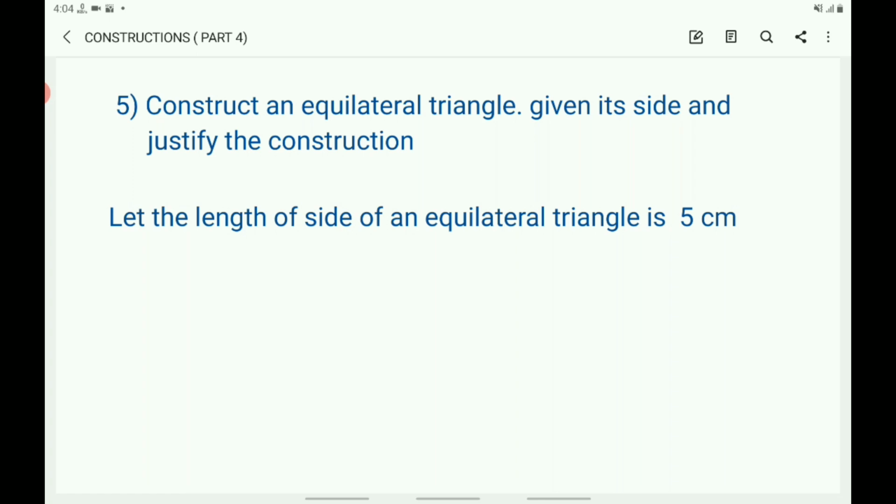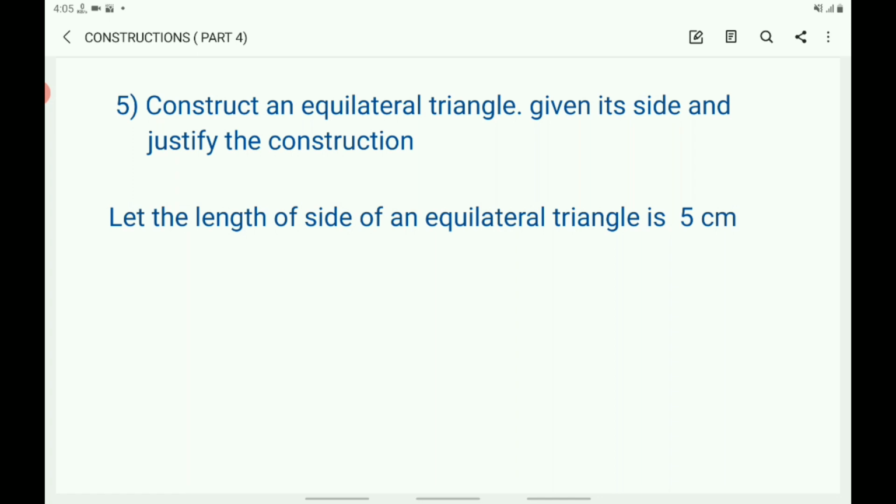Now let us draw the baseline of 5 cm length, and with 5 cm radius let us draw two arcs from the two endpoints of the baseline. The point at which the two arcs meet is the third vertex. That third vertex is to be joined to the ends of the baseline.